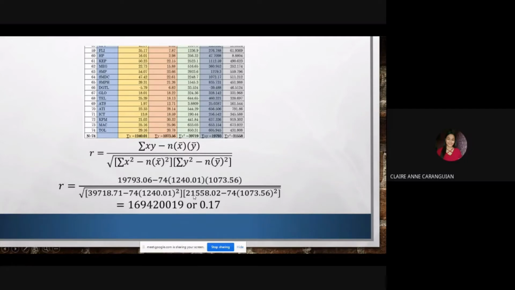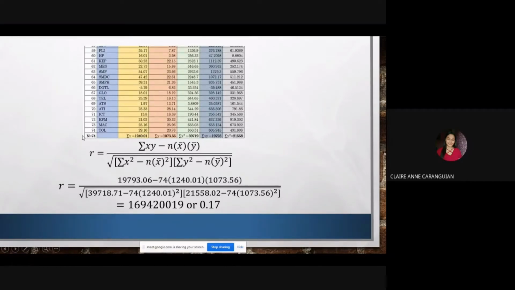Okay? Next is multiplied by the quantity summation of y squared. So, y squared is 21,580.02. The value we computed has 2 decimals; it is just that in my screenshot it has no decimal, but it does have decimals.